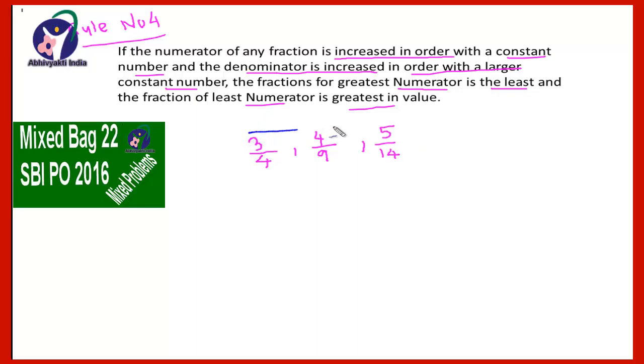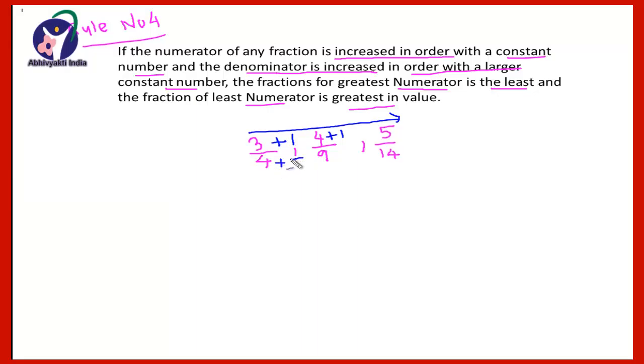Friends, if you observe the numerators, you will see that the numerator is increasing by 1. 3 plus 1 is 4, 4 plus 1 is 5, and the denominator is increasing by 5. 4 and 5 is 9, 9 and 5 is 14. So the denominator is increasing by 5 and the numerator is increasing by 1, and since 1 is smaller than 5, the rule says that the fraction with the greatest numerator is the least.